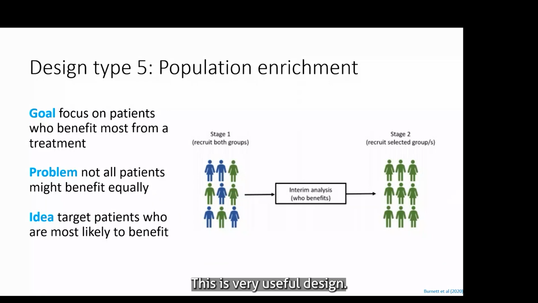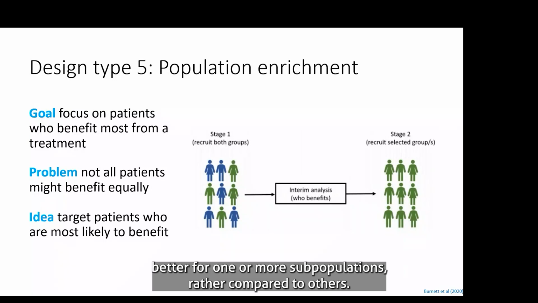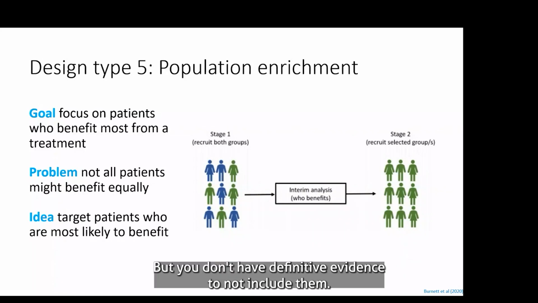Another type of adaptive design is the population enrichment. This is a very useful design when you suspect at the design stage that an intervention might work better for one or more subpopulations compared to others, but you don't have definitive evidence to not include them.